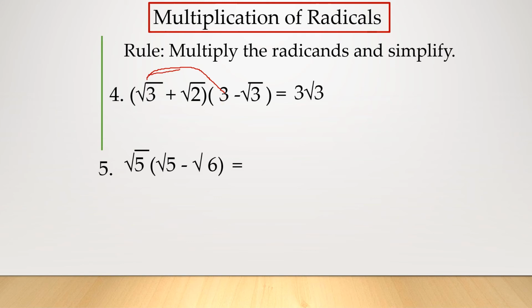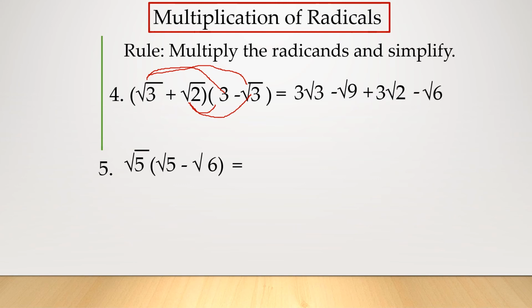Next, square root of 3 times negative square root of 3, that is equal to negative square root of 9. Let's proceed to the inner terms. So square root of 2 times 3, so that is plus 3 square root of 2. And then square root of 2 times negative square root of 3, that is negative square root of 6.